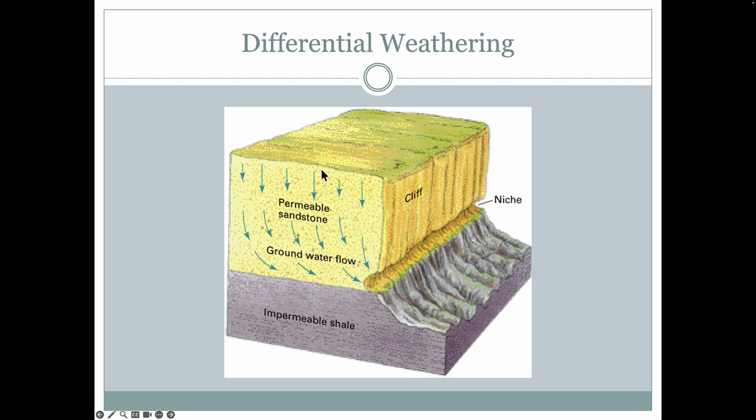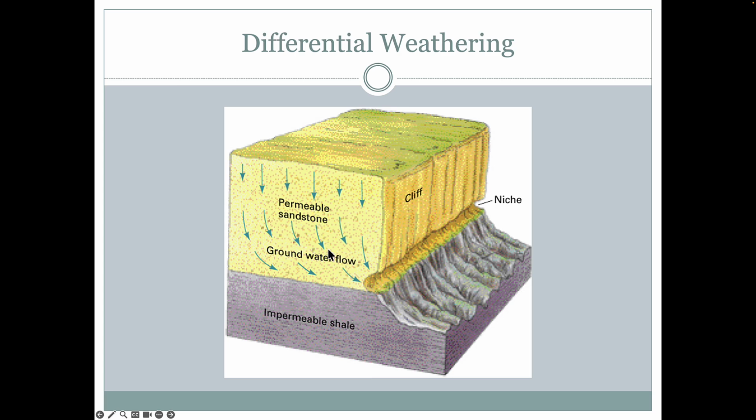There are empty spaces between the grains of sand, and that allows for water to go through. But in shale, the size of the passageways between the individual particles of mud is too small for water to pass through. So we say that this is permeable rock, like a sponge, and this is impermeable, like a countertop.